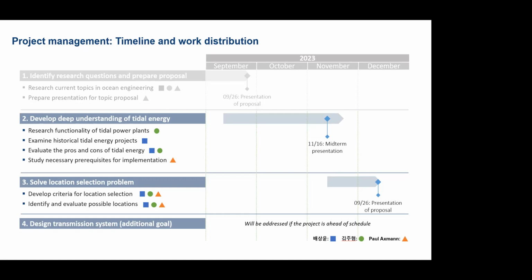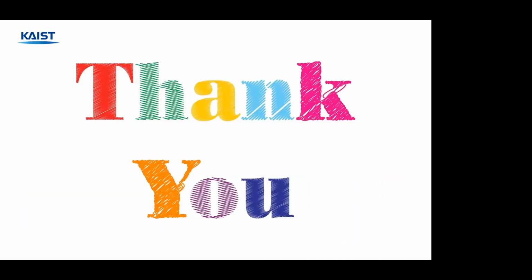And there is the work distribution, you can see. Ultimately, we need to develop criteria for location selection and identify and evaluate possible locations in our final presentation. Thank you very much.